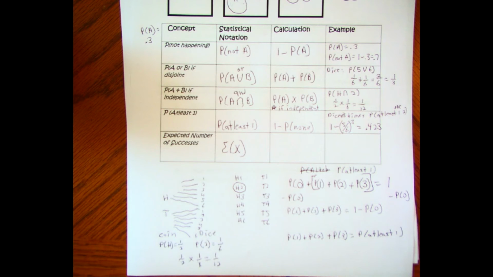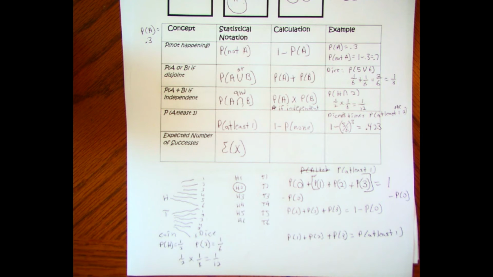Let's say that I was to roll a dice 60 times. How many times do you expect a 5 to come up? Most of you would say 10. Why? Because you're rolling a dice 60 times and the probability of a 5 is 1/6.